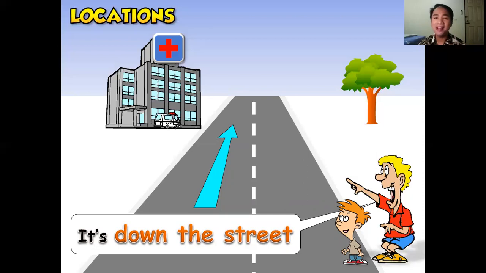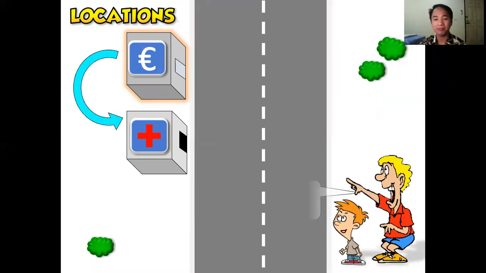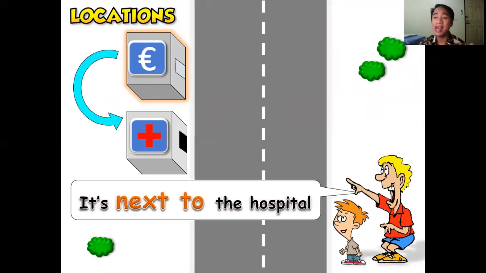Another example. Where is the bank? This is the hospital, and next to that is the bank. So how will you answer? You can say in this manner, it's next to the hospital. Next to the hospital is the bank.